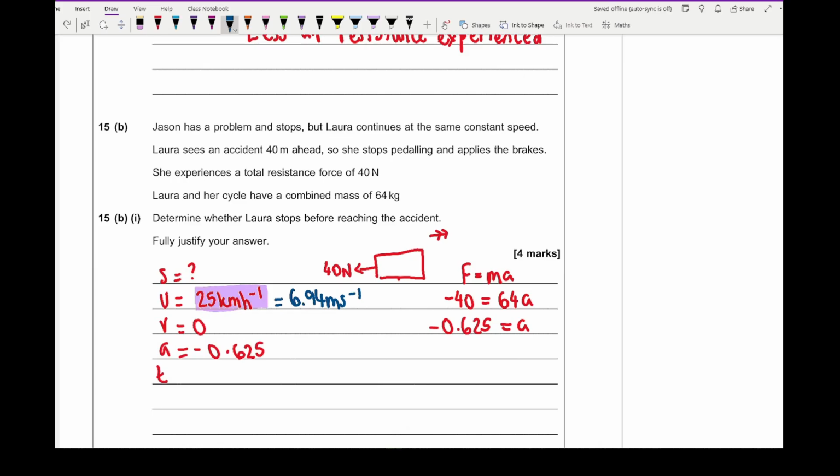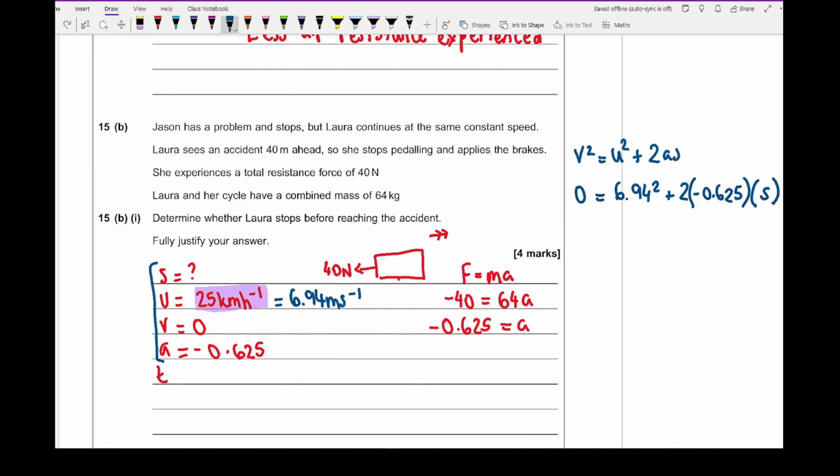Okay, using the SUVAT equations, we want to solve for s, so we're going to use v squared equals u squared plus 2as. We need to substitute these values in and solve for s.